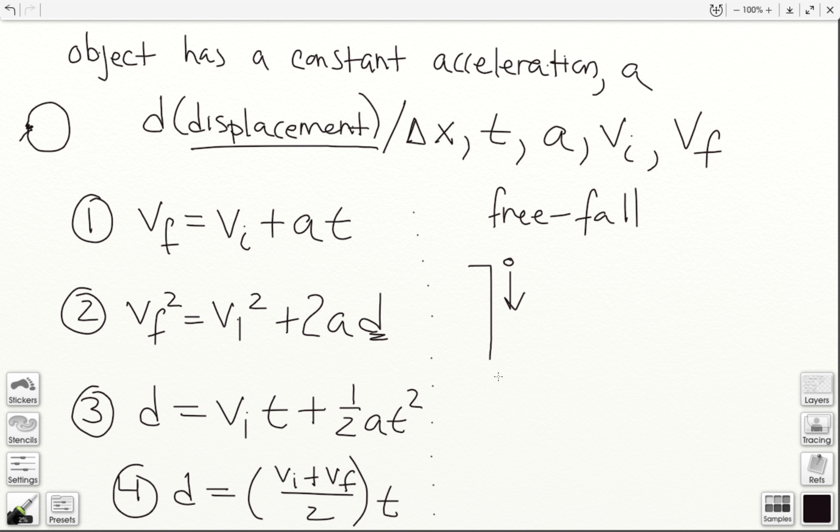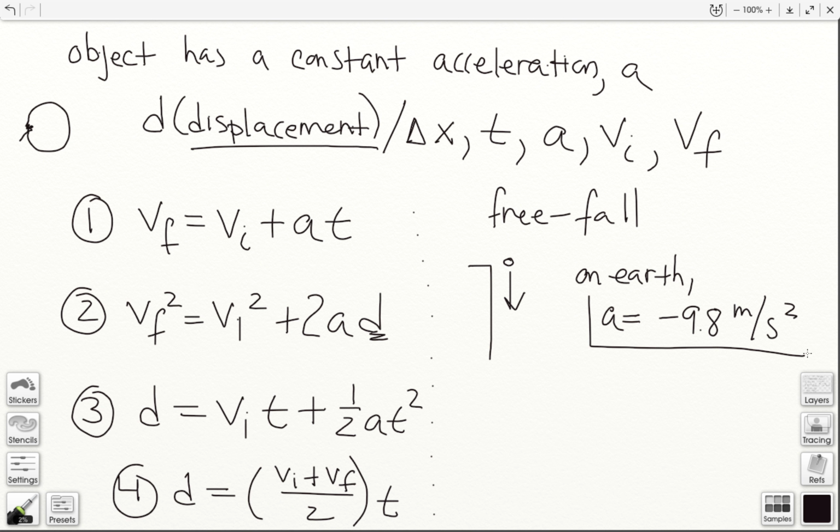This ball has an acceleration due to gravity, and on Earth, that's a known value. The acceleration of an object in free fall is negative 9.8 meters per second squared. A lot of times this will also be called g, acceleration due to gravity.